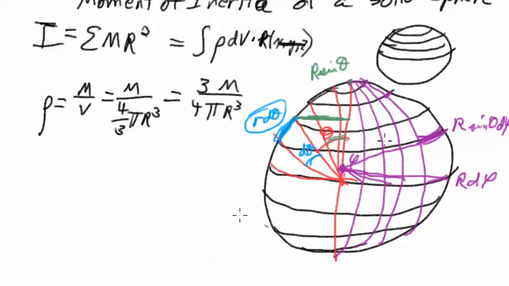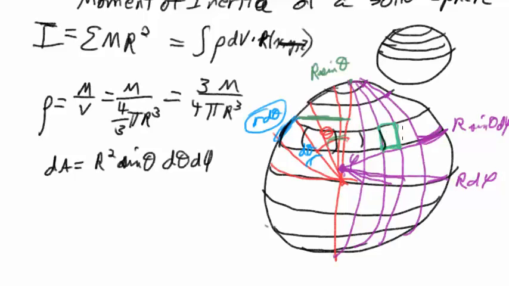So that means the area of this little square here, dA, would be r squared sine theta d theta d phi. It's r d theta coming around that way, and then this is r sine theta d phi.